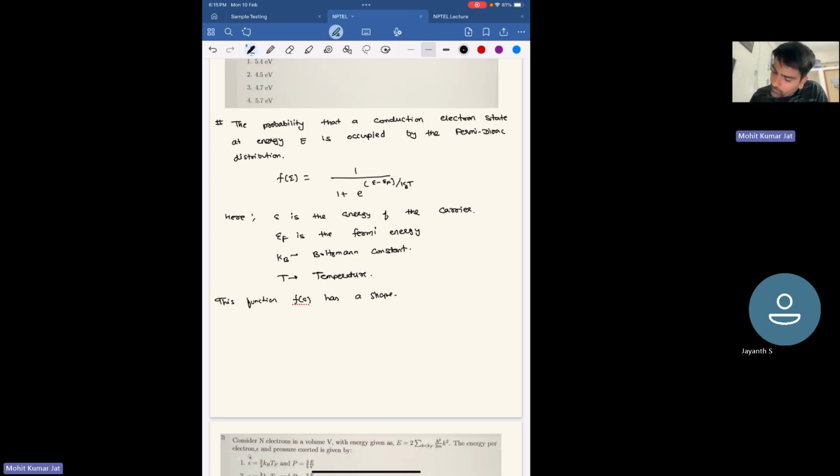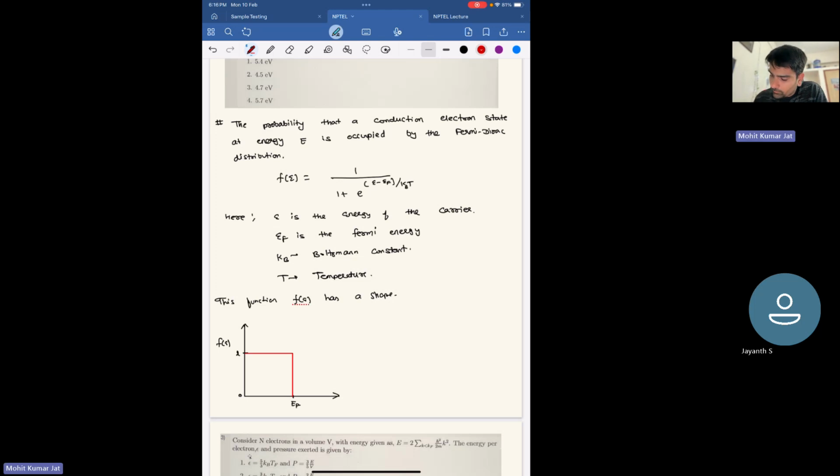So if I plot this function at T equals 0, on the y-axis I will plot the function F(E), which is this is my 0 and this is my 1, that is the state is occupied. This is my Fermi energy Ef, I'm calling. So at T equal to 0, the occupation will be like this.